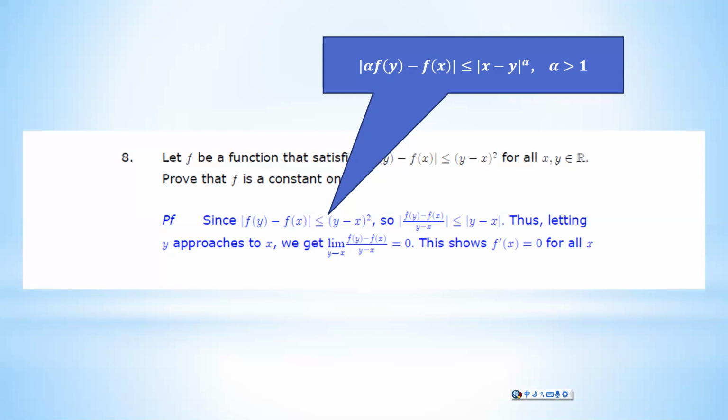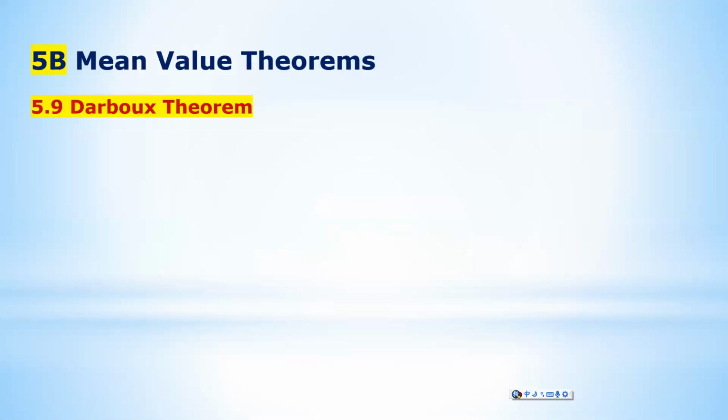Now today I'm going to continue to cover the rest of the sections in chapter 5. Last time we devoted ourselves to studying the mean value theorem. There's a sequence of theorems: we go from the interior maximum theorem, then to Rolle's theorem, then the mean value theorem, then the Cauchy mean value theorem.